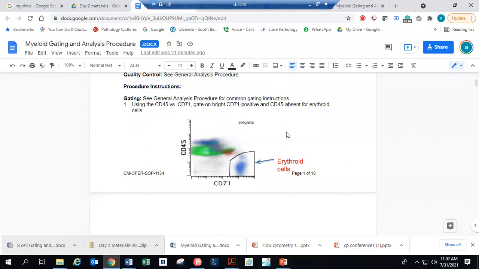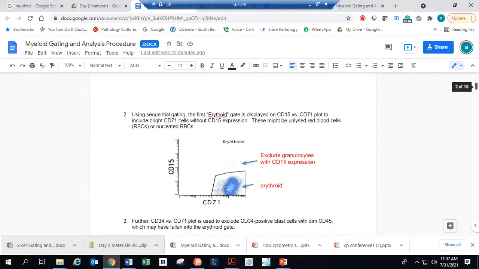Going back to what we learned yesterday, the green population is the granulocytes, the blue population is lymphocytes, and the pink population is the monocytes. It is reversed: if you remember, the CD45 was over here last time and you had a slightly different plot. The red population is going to be the blasts. So these are the erythroid cells, which are CD71 positive, and that's how you're going to gate them.